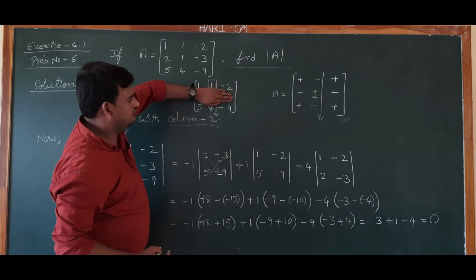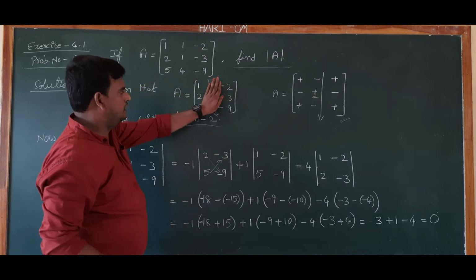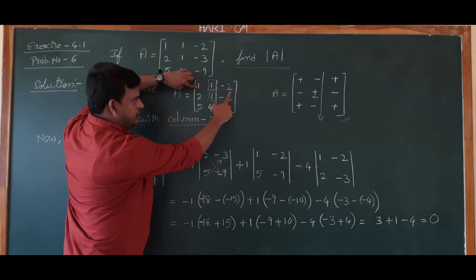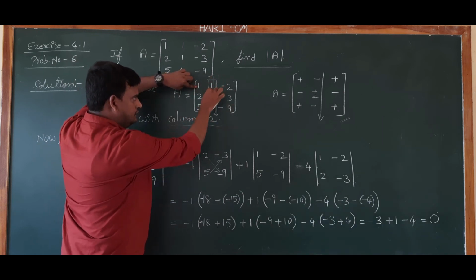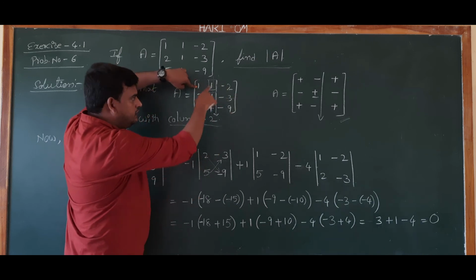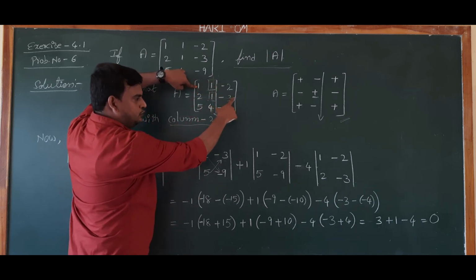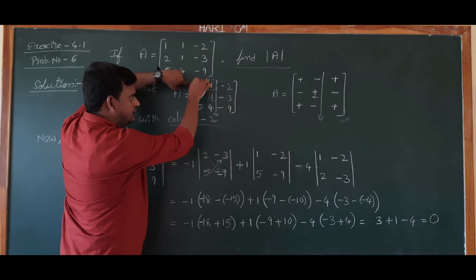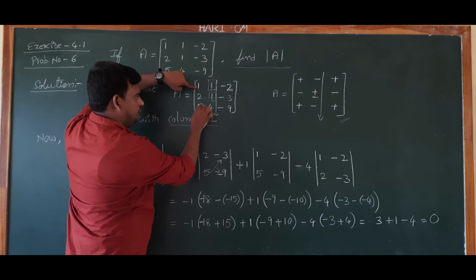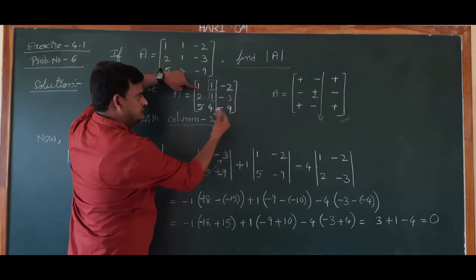Now leaving the respective row and respective column, we have the elements 1, minus 2. Here I am removing the second column and second row. When we eliminate the second column and second row elements, we have the elements 1, minus 2, 5 and minus 9.